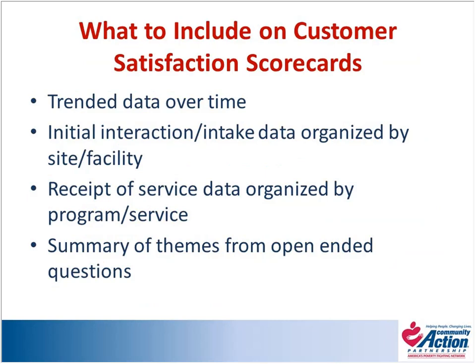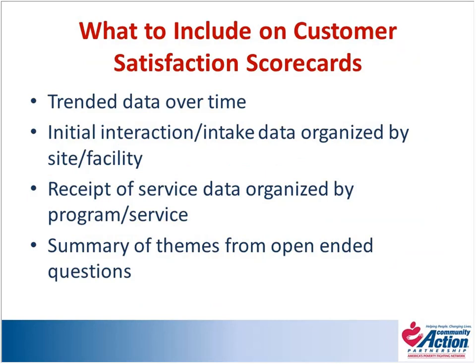So, last slide, looking at what to include on customer satisfaction scorecards. As I said, having a basic instrument that rolls up the data that you're collecting is important. Having at least the last 3 months of data helps you see those trends and helps you analyze the data. And of course, dividing that data into different programs and services so you can see different scores across your programs and services.